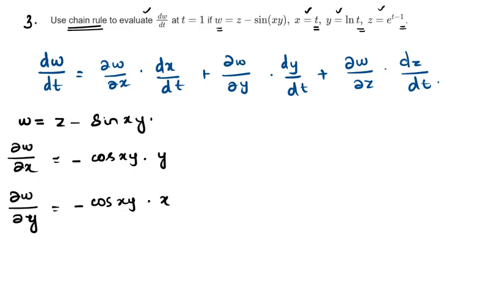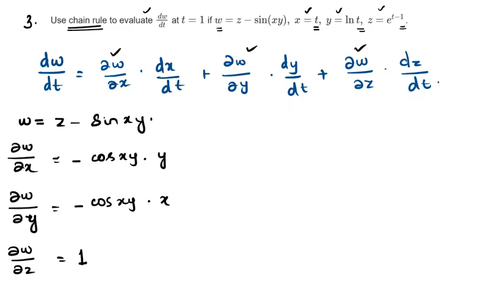Right? Next, ∂w/∂z. So if you are differentiating with respect to z, the value will be equal to 1. Okay. So these are the values which we got for ∂w/∂x, ∂w/∂y, ∂w/∂z.